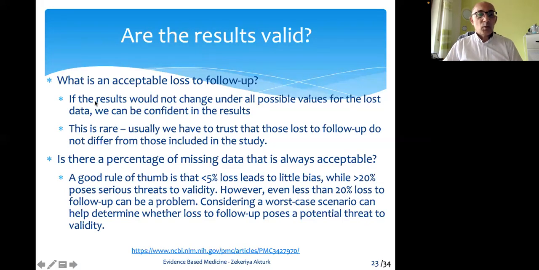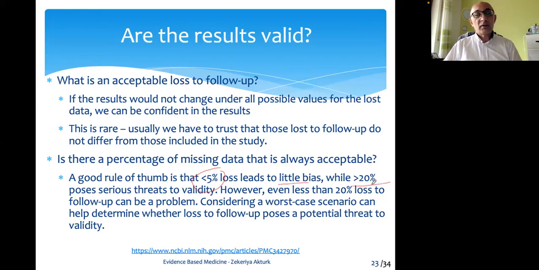So you could ask yourself, and it is of course good to ask yourself, what is an acceptable loss to follow-up? Especially in large scale studies where we have a long follow-up time, we have a lot of losses during the follow-up. What is the acceptable number? As a rule of thumb, a loss of less than 5% is regarded as okay, with little bias.